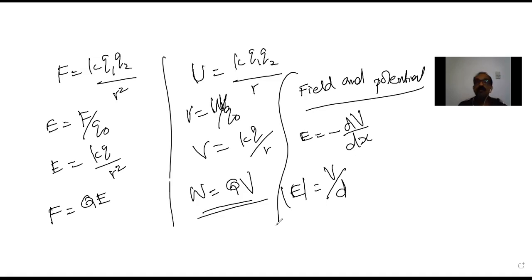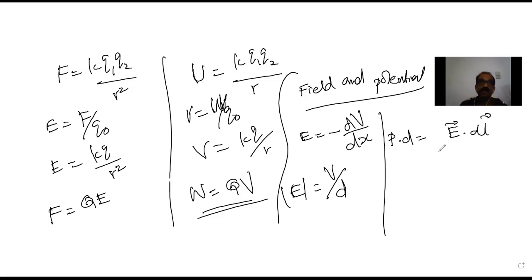Okay, and the point to be clear about is, the line integral of electric field E dl is nothing but the work done to move a charge between two points. That is, you may clearly understand that potential difference can also be calculated as E dot dl. You may compare with what you studied in the 11th standard.